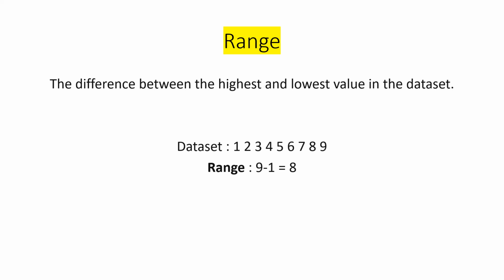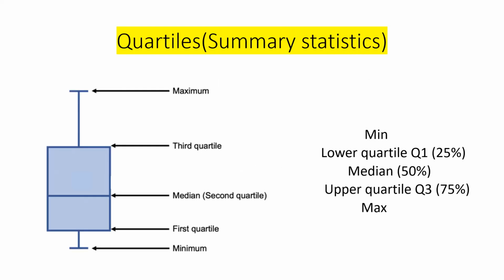Range. Range is the difference between the highest and lowest value in the dataset. For a given dataset, you take the max and the min, you calculate the difference, and the difference is called the range. Quartiles, or can be called summary statistics. We have 5 terms.